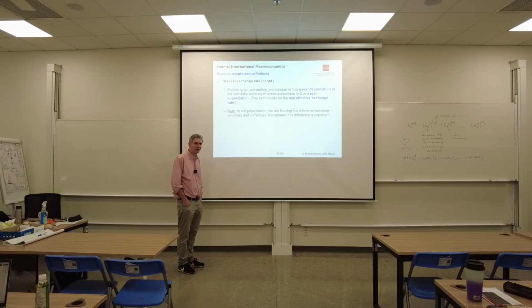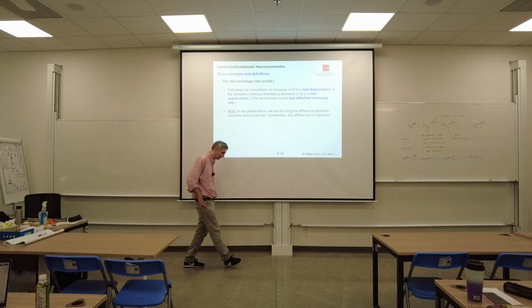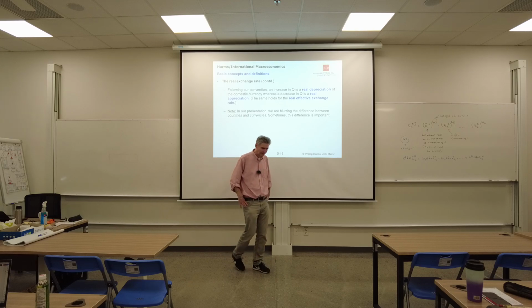Why is that? Now, usually we say a country has a currency, but there is an example where this doesn't apply. Can you come up with an example where different countries have a currency? The euro area.